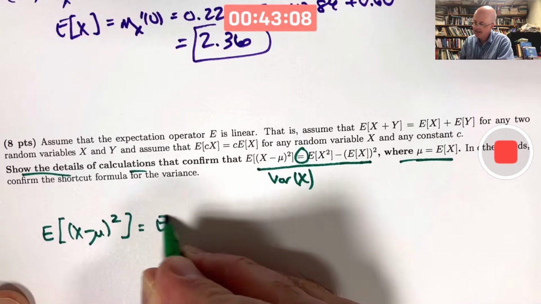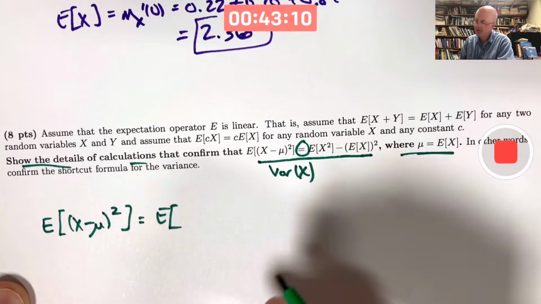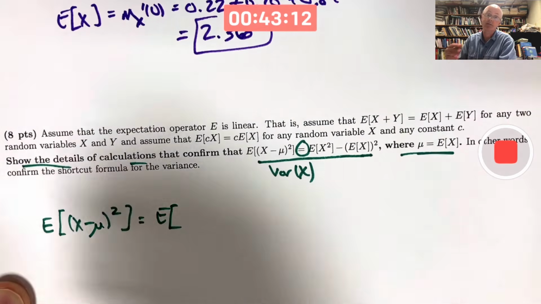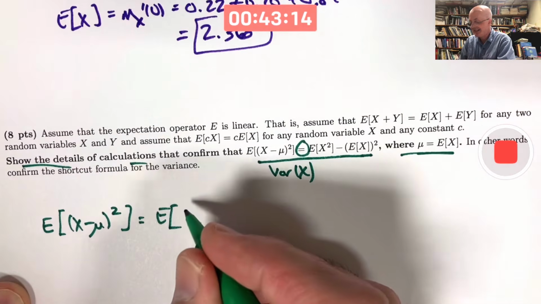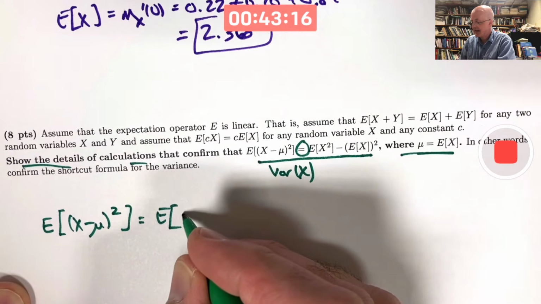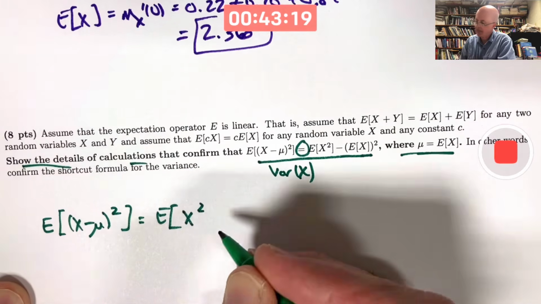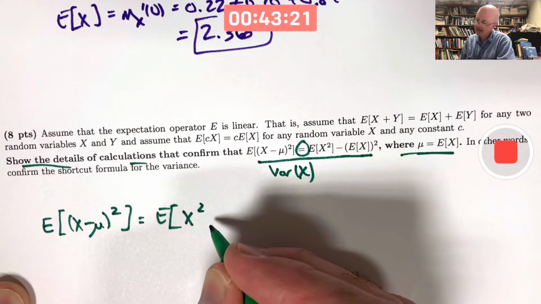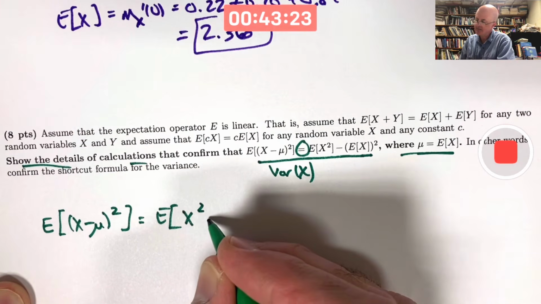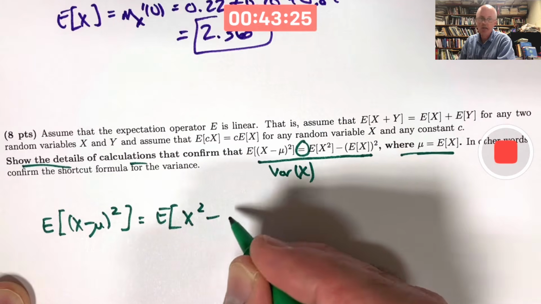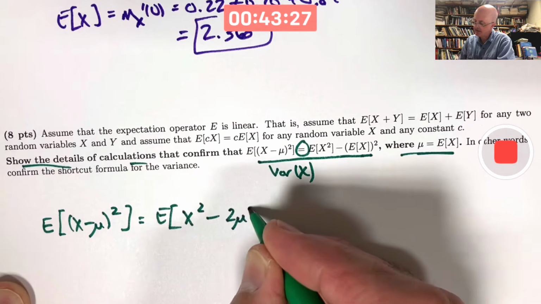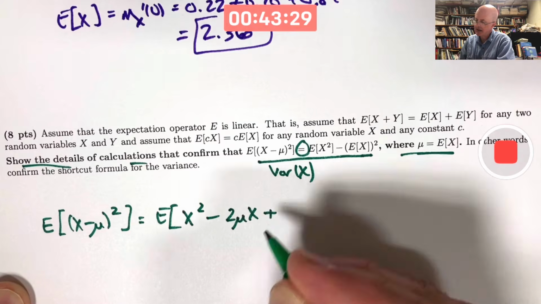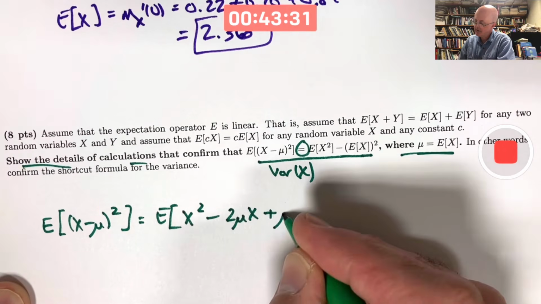I just expand the inside with the binomial formula, or you can think of it as the FOIL method, F-O-I-L. First times first is x times x is x squared. Outside times outside and inside times inside are both minus mu times x, so I get minus 2 mu x. And then last times last over here is mu squared.